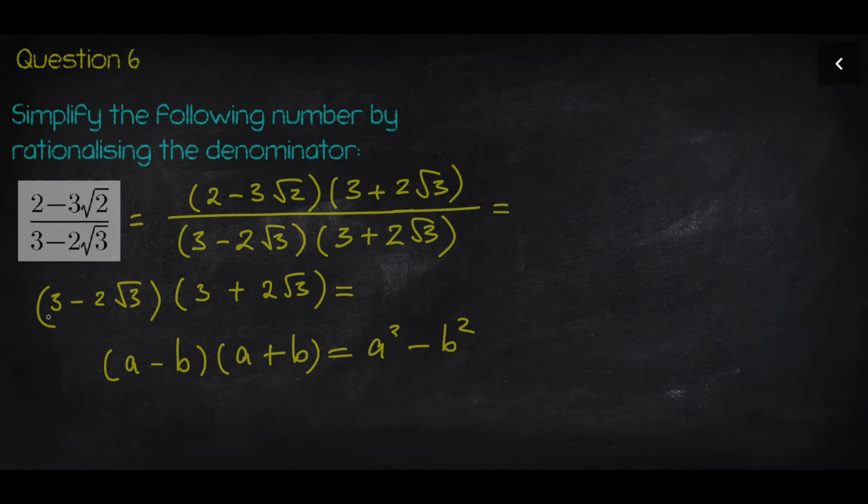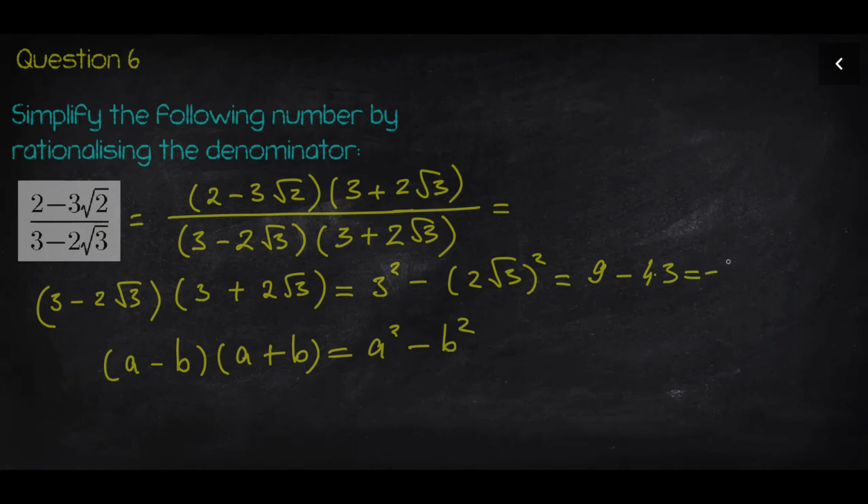Okay? And if you start expanding those squares, you'll get 9 minus 4, and square root of 3, basically, when squared, you get rid of that. So that means it's going to be 4 times 3. So 9 minus 12 is going to be negative 3. So that's why in the bottom part, you just have negative 3 as the net result.